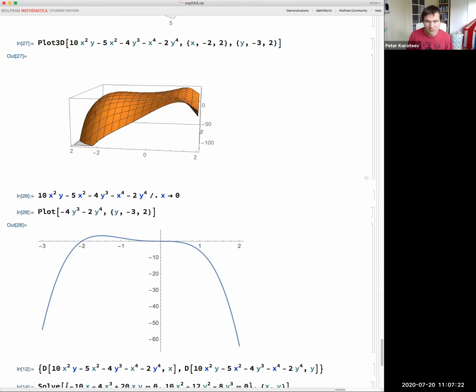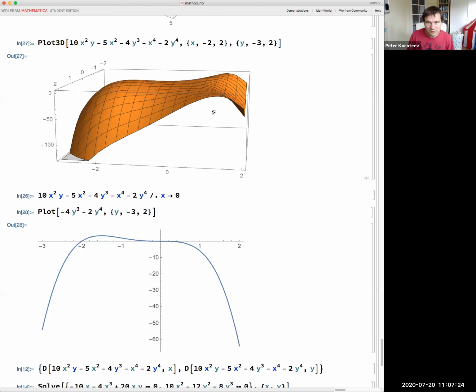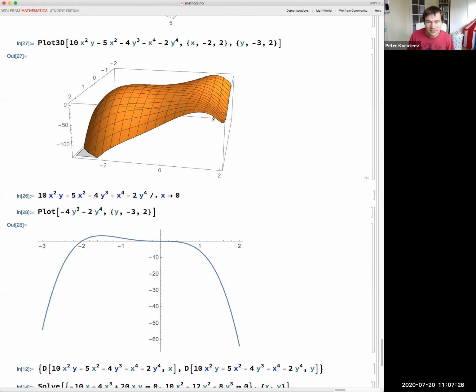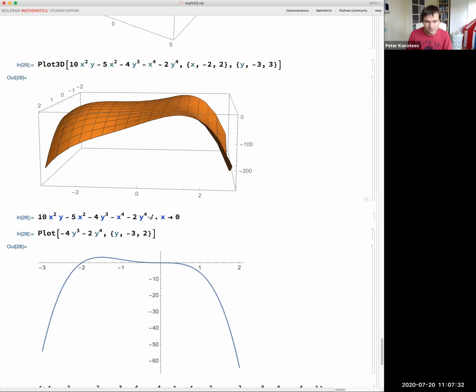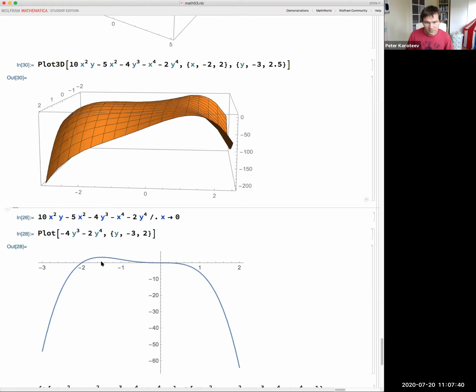It's kind of hard to distinguish for three-dimensional shapes, but there's a local maximum here, and now let's see what happens at the point 0, 0.